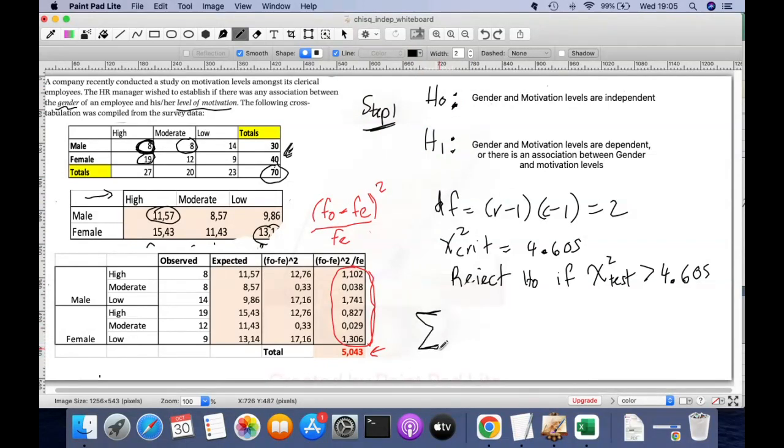This means summation. You're summing up everything in the last column to get this value here, 5.043.